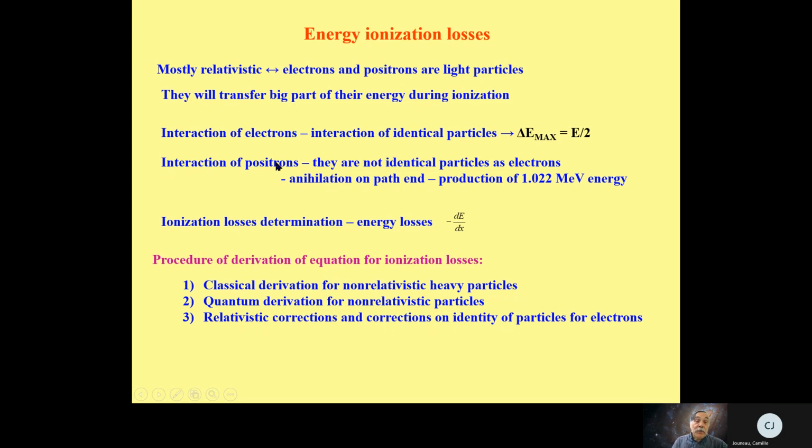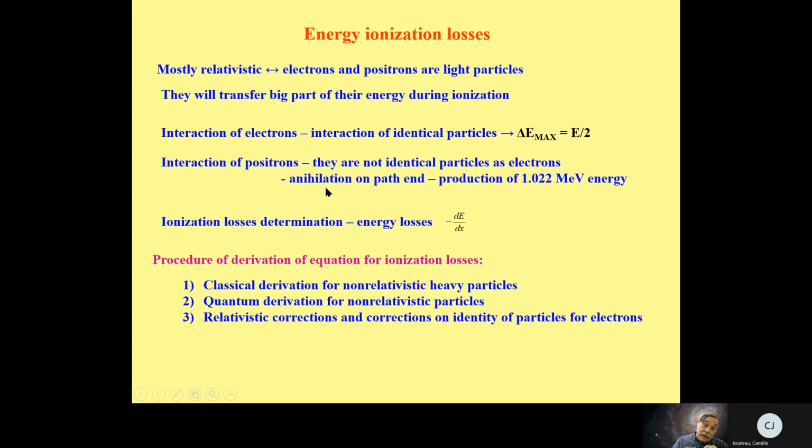In this case, it's possible to distinguish between positron and electron. They are different particles, yeah? They have the same masses, but they are different. But at the end of the positron path, there will be annihilation.